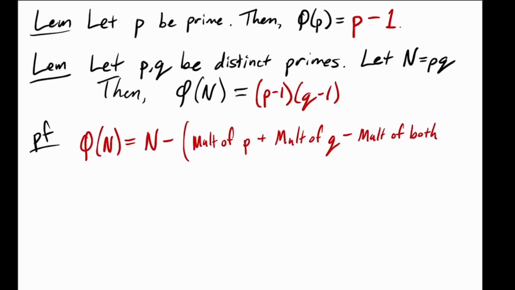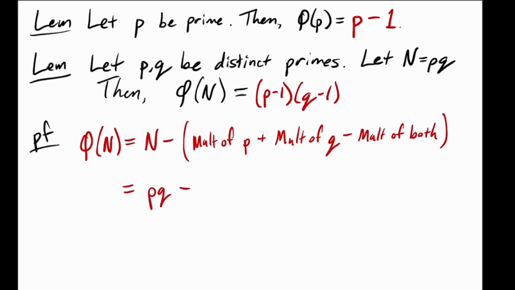And for numbers less than n, the only number that's a multiple of both p and q is going to be 0. So there's just going to be one possibility there. So n was equal to pq. We subtract off the multiples of p. How many are there less than n? Well, let's see. There's 0, p, 2p, 3p, 4p. We go up to, but not including, p times q, right?